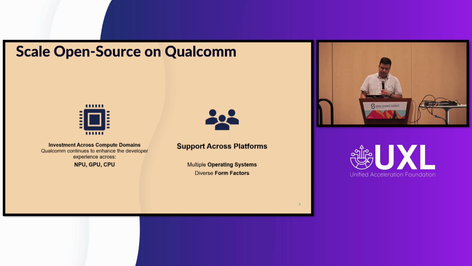The other goal is to support different operating systems. This is not just one Linux, but different Linux flavors are supported, and of course different form factors. As you can see, it's from the smallest device to the data center. So scaling the open source initiative is a very important priority for us at Qualcomm.